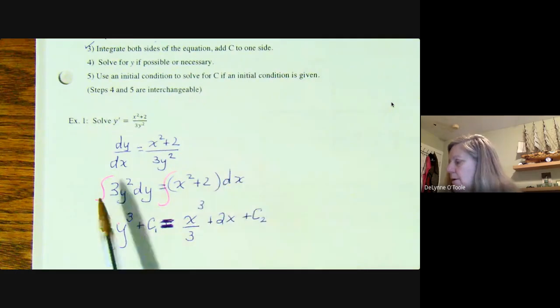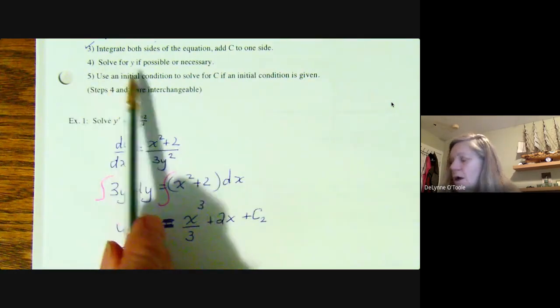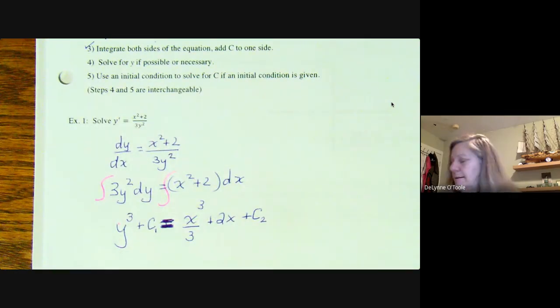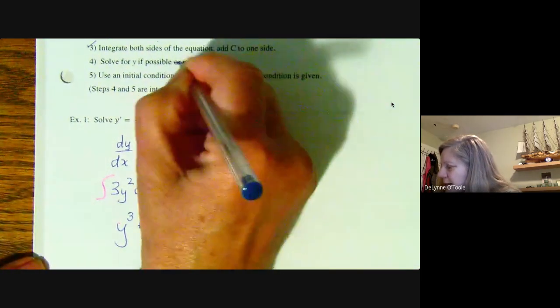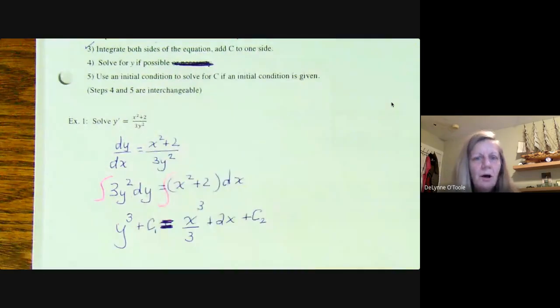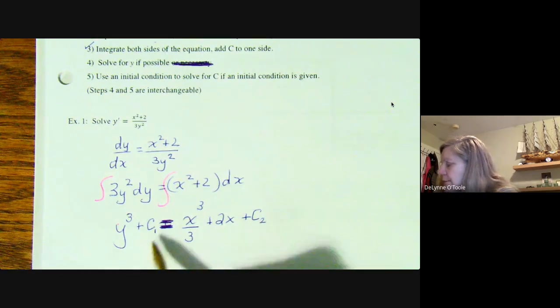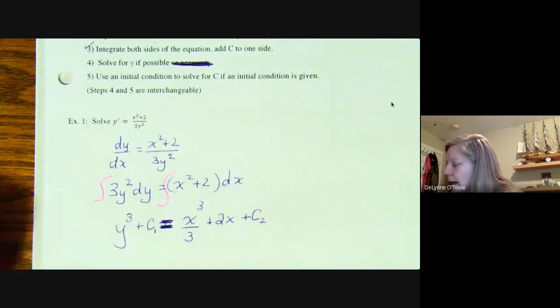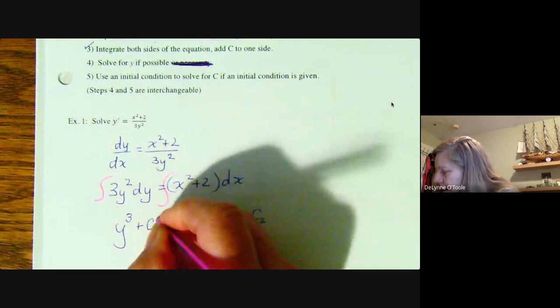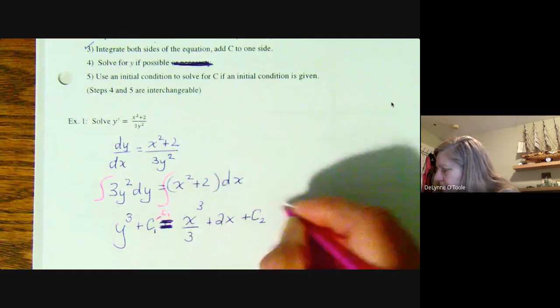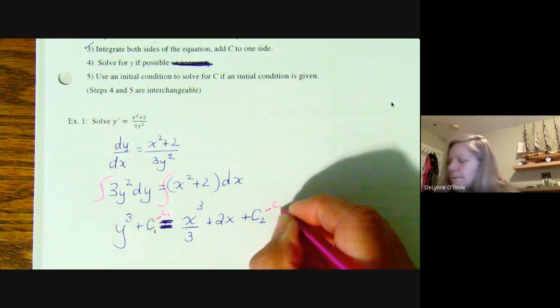All right, now the fourth step, solve for y if possible. Cross off the "or necessary," because it's always necessary if it's possible. If it's not possible, then you don't do it. So the first thing I'm going to do when I solve for y is subtract c1 from both sides.